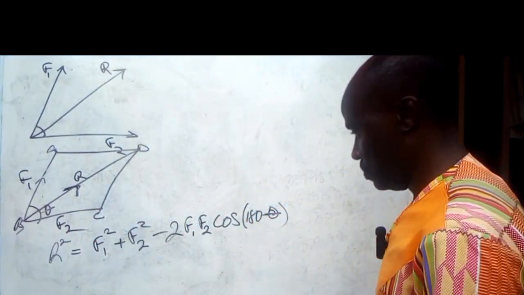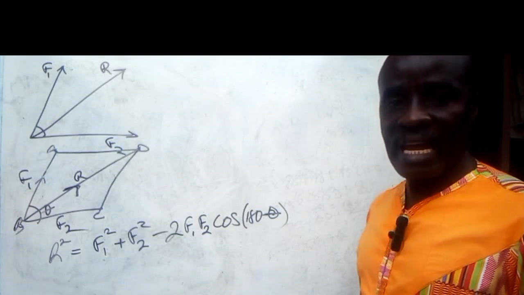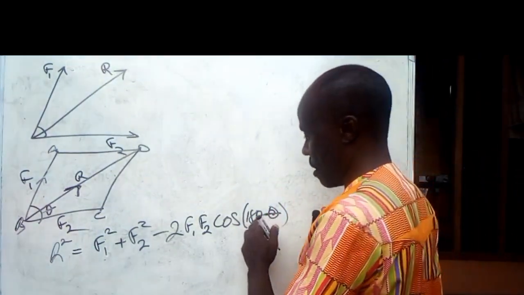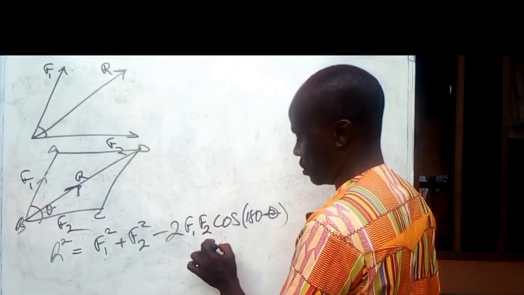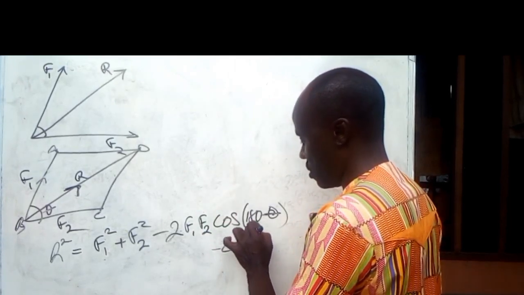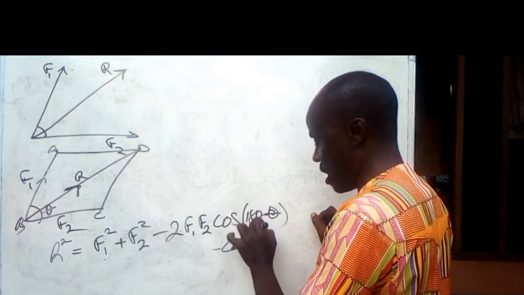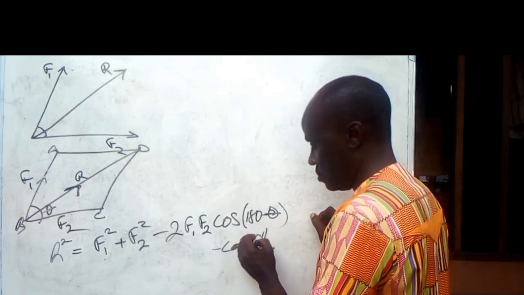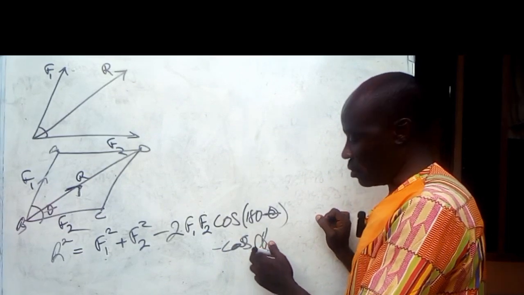So with this, for us to get the formula that can help us find the resultant easily, remember this will give us negative cos. Whatever we have here, let's call it alpha, minus cos alpha.